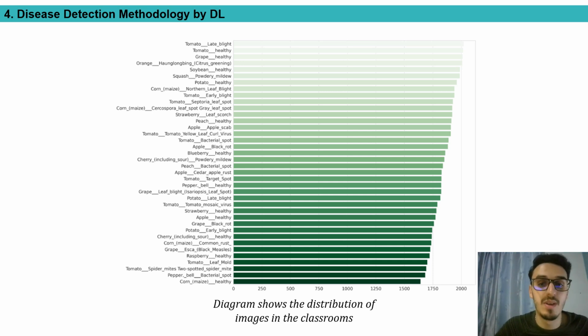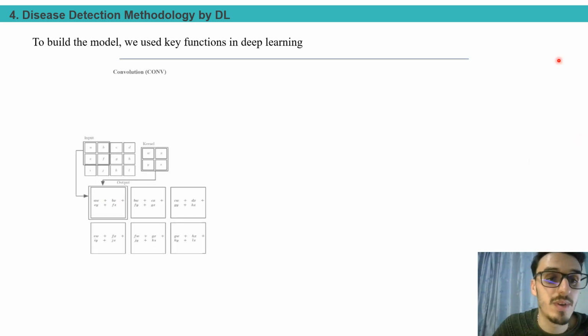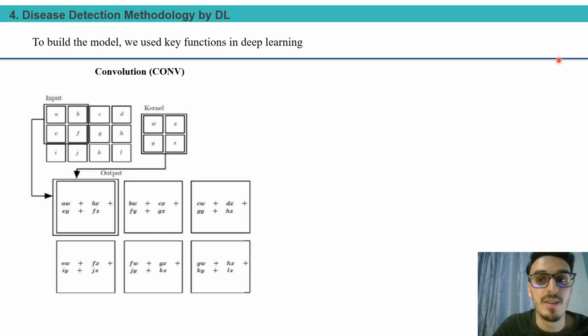So, to build the model, we use key functions in deep learning. Convolution is used to extract features from images by applying filters that detect edges, patterns, and textures.